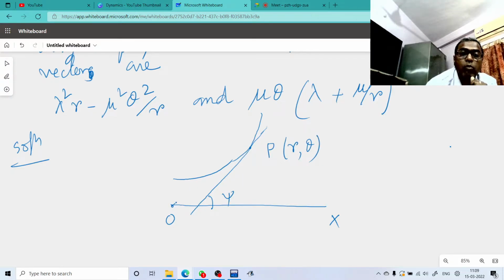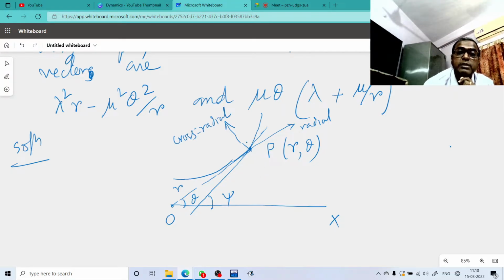So join the points O and P. This distance is r and this angle is θ. This is the radial direction, and perpendicular to this radius vector is the cross radial direction, and the angle between these is 90 degrees.